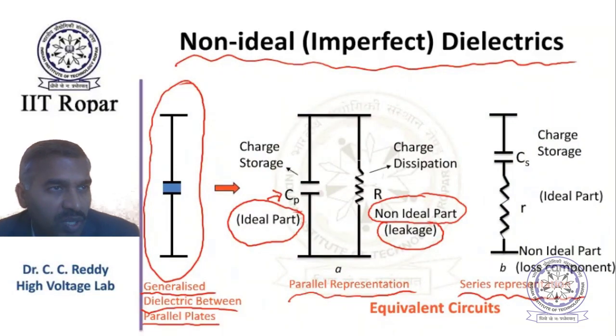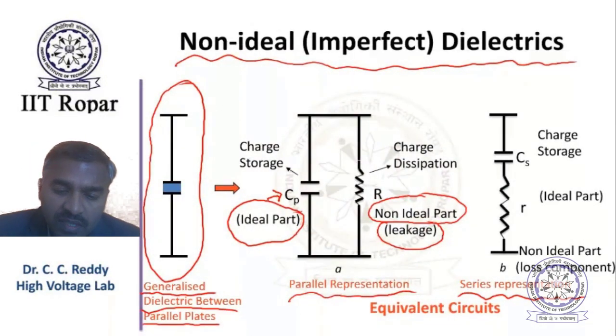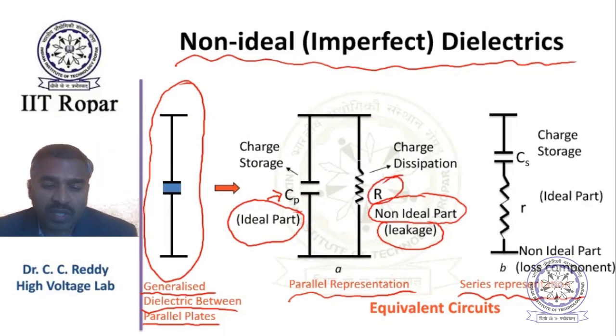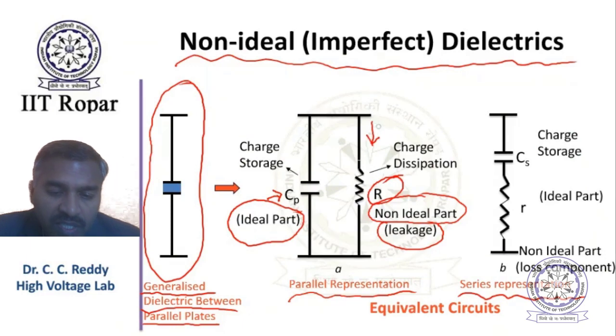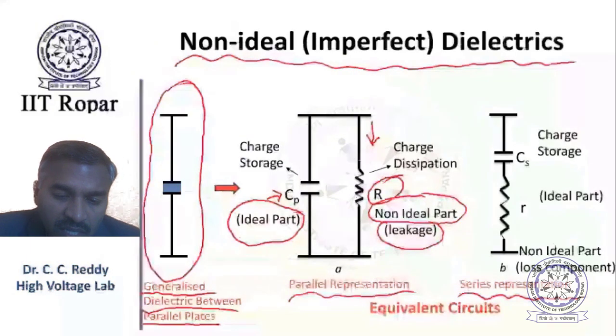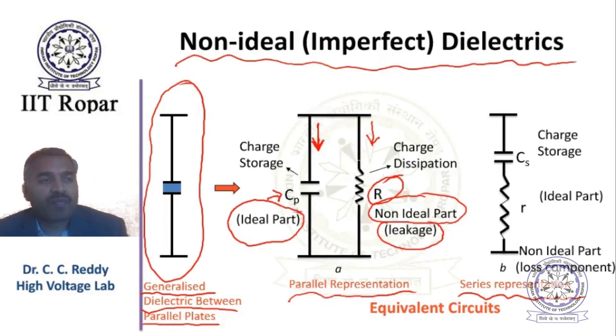This is purely resistive loss, you can say. But in case of AC also, we can represent that loss with an appropriate equivalent resistance like this. So this part of the loss will reflect in a current which is in phase with the voltage. And what about the capacitive part of the current?